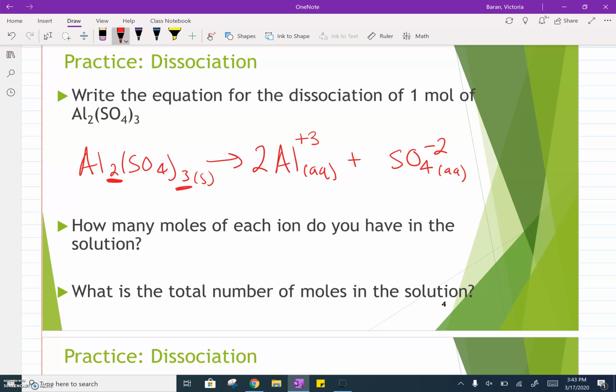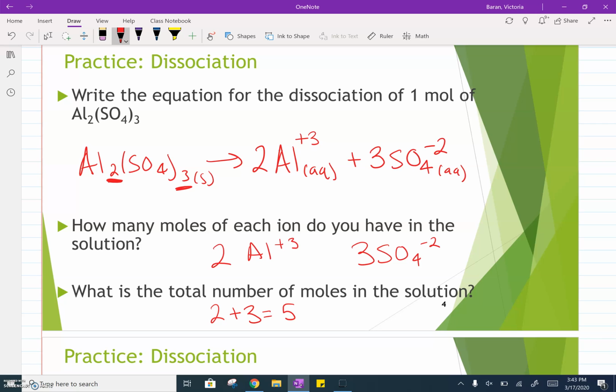And again, we have 3 on this side, so I have to put a 3 in the front here. So then it tells me how many moles of each ion do you have. So we have 2 of the aluminum, and we have 3 of the sulfate, which is SO4. And the total number would be 2 plus 3, which will give you 5.